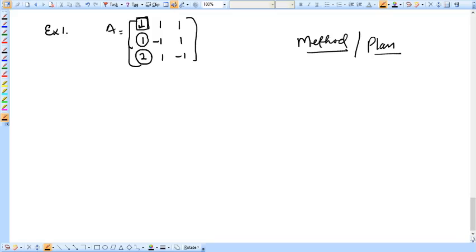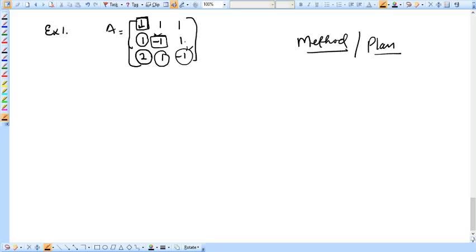If we are done with this, then we will use the next element to make the following one 0 if it is possible.